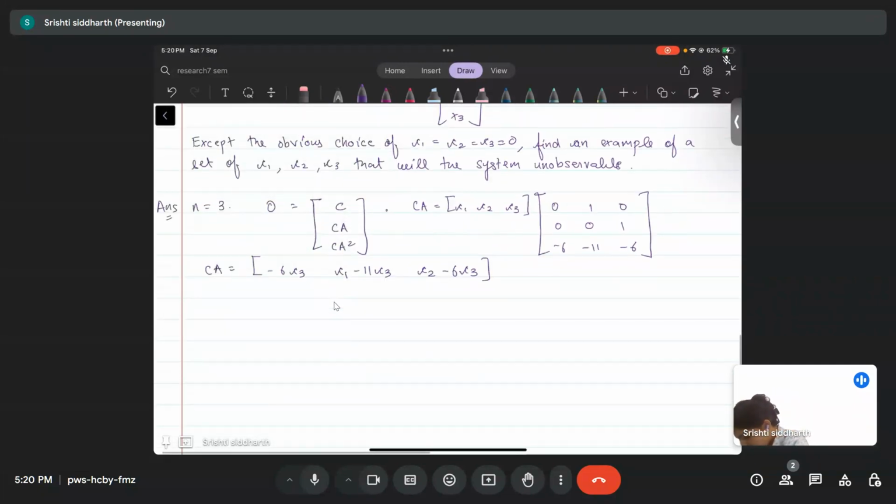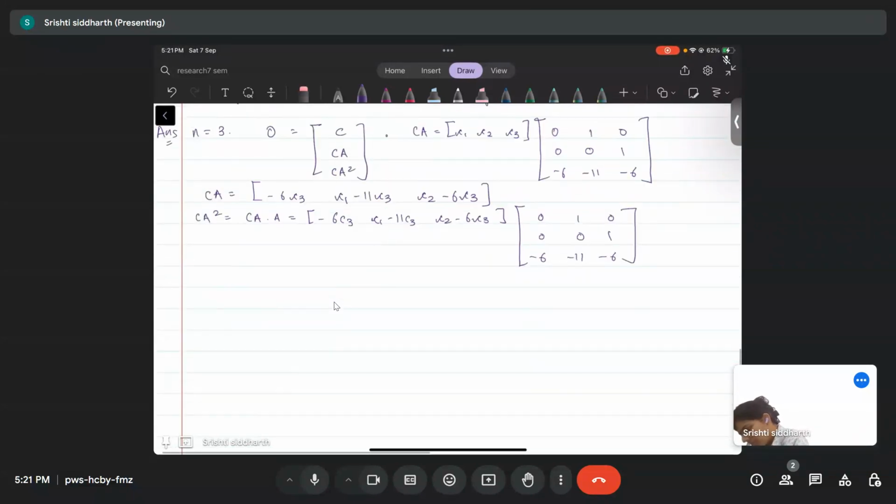Similarly, we have CA squared. This is nothing but the vector we just computed times the A matrix. So this is 36 C3.